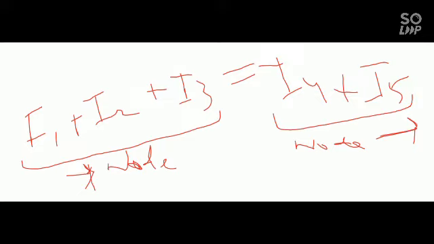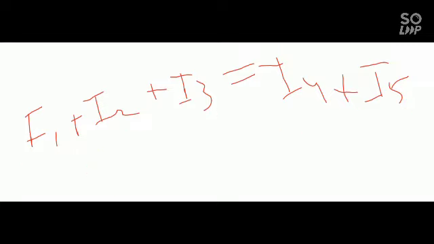This is based on the law of conservation of charge. Let me show you how. If I erase this, I can say I1 is equal to Q1 upon T, for time. Similarly, I2 is Q2 upon T, because current means charge upon time.